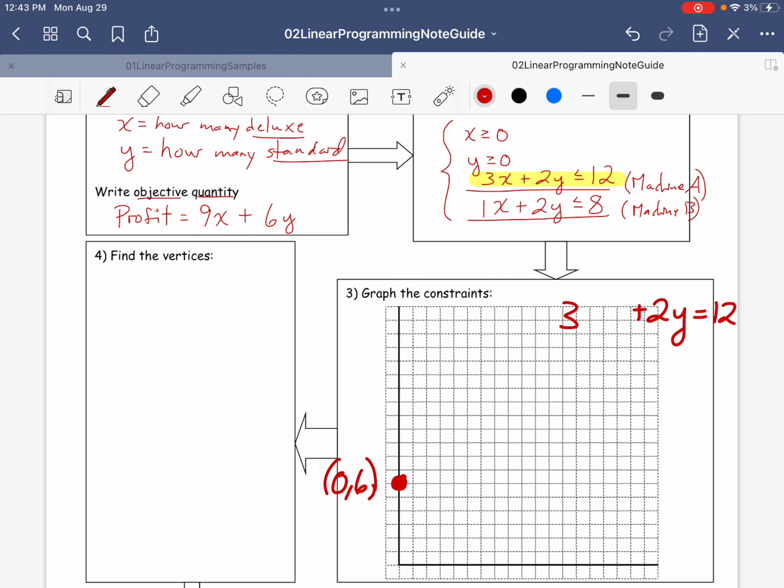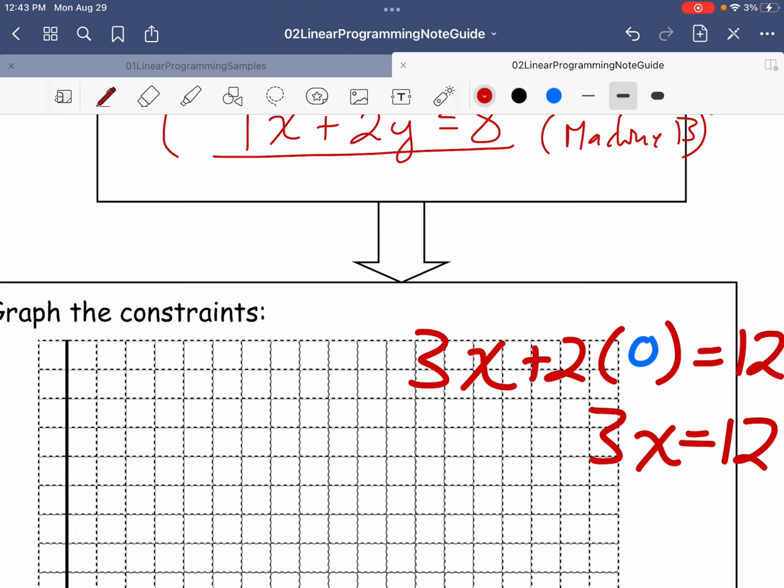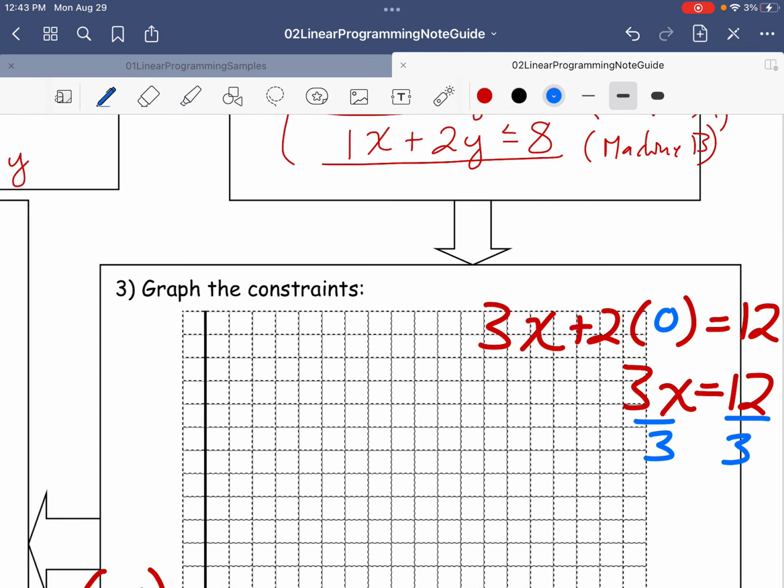Yes, we do. The x-intercept is found by plugging a 0 in for y. And if you plug a 0 in for y, we get a nice little equation that 3x equals 12. We'll divide that by 3 so that we can solve it, and now you have your x-intercept.